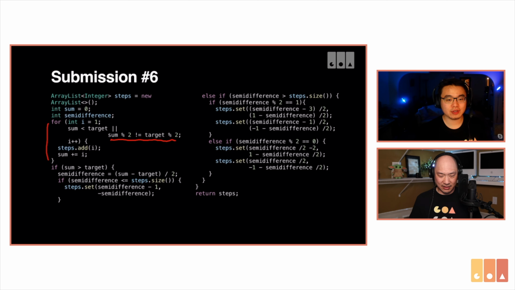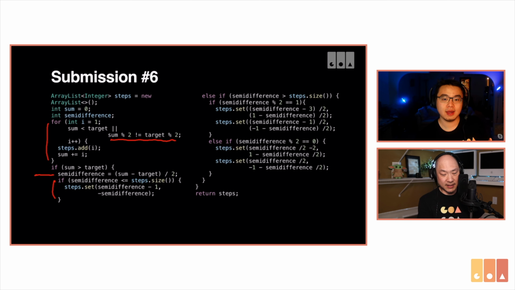After that, we check if the sum is greater than the target. And if it is, then because of the earlier check that the sum and the target are both even or both odd, we can determine that we can immediately do the calculation to see what's half of the difference and find the number to flip right away.